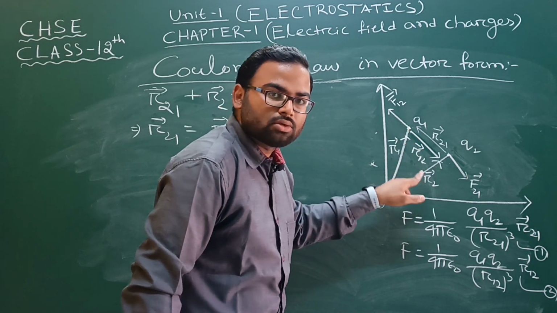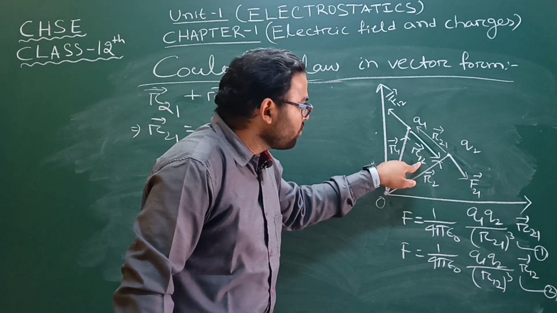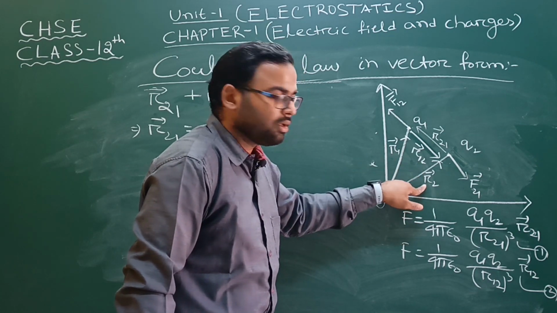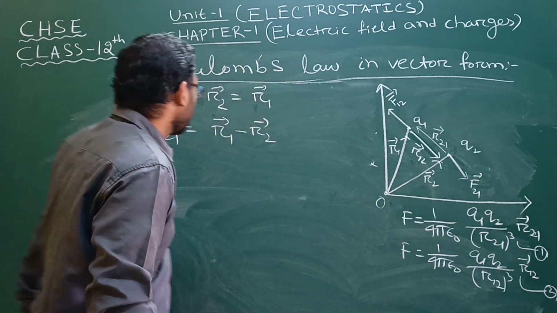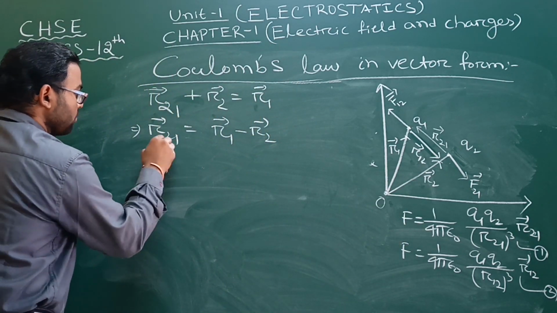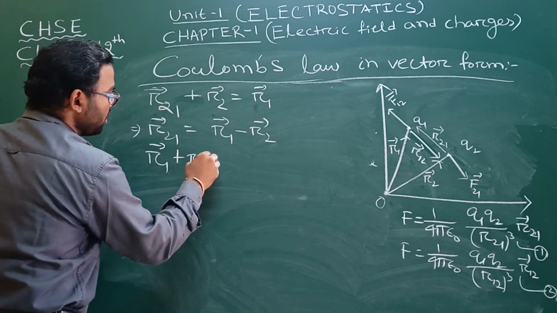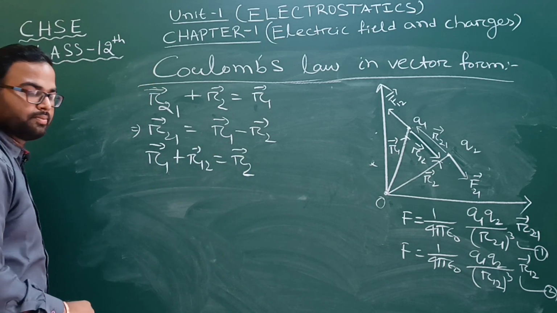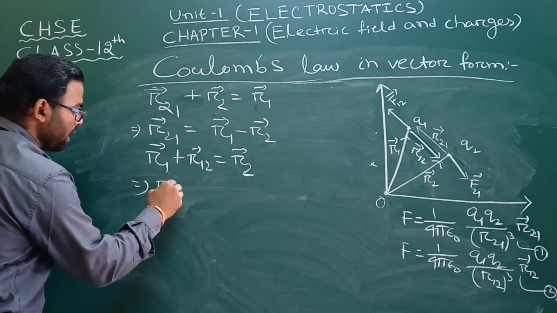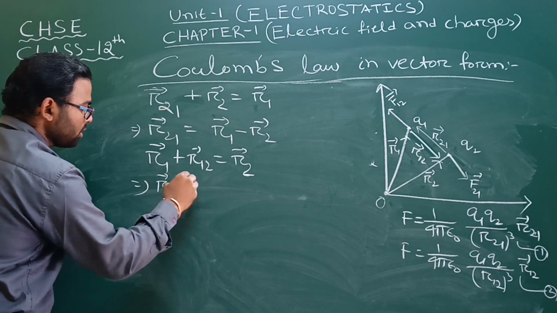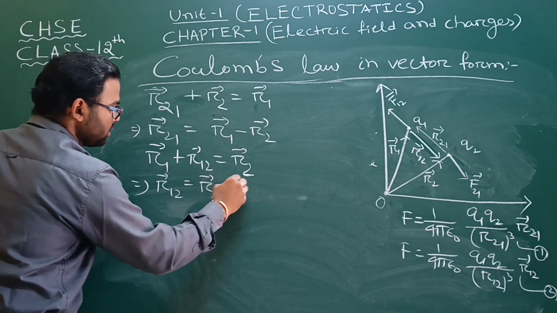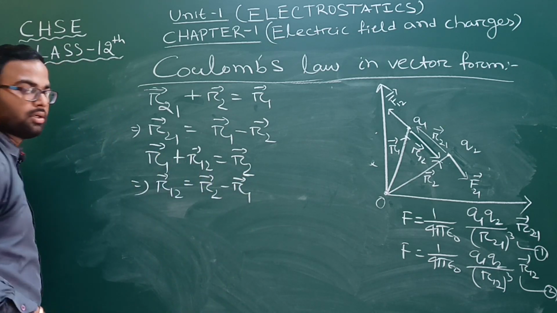R2 vector is opposing them. That means R12 plus R1, we can add these two vectors and that will be equal to R2 vector. So R1 vector plus R12 vector is equal to R2 vector. From here I can calculate R12 vector, that is equal to R2 vector minus R1 vector.